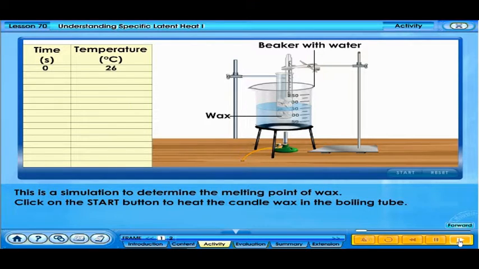This is a simulation to determine the melting point of wax. Click on the Start button to heat the candle wax in the boiling tube.